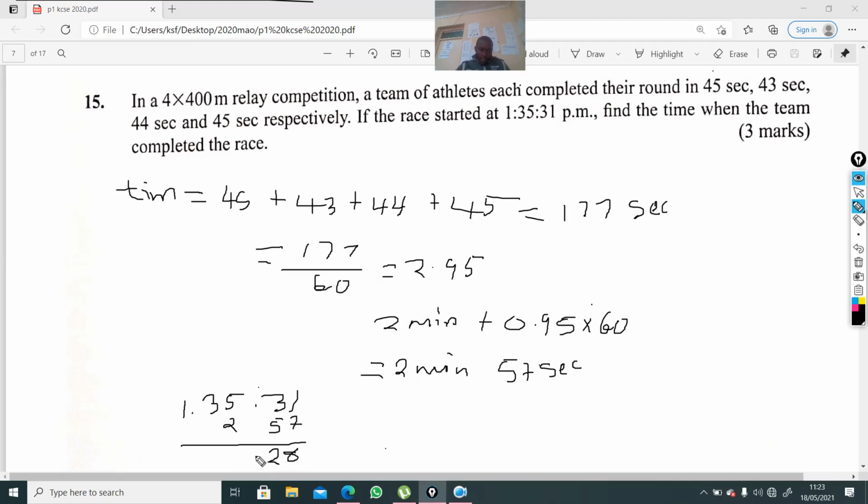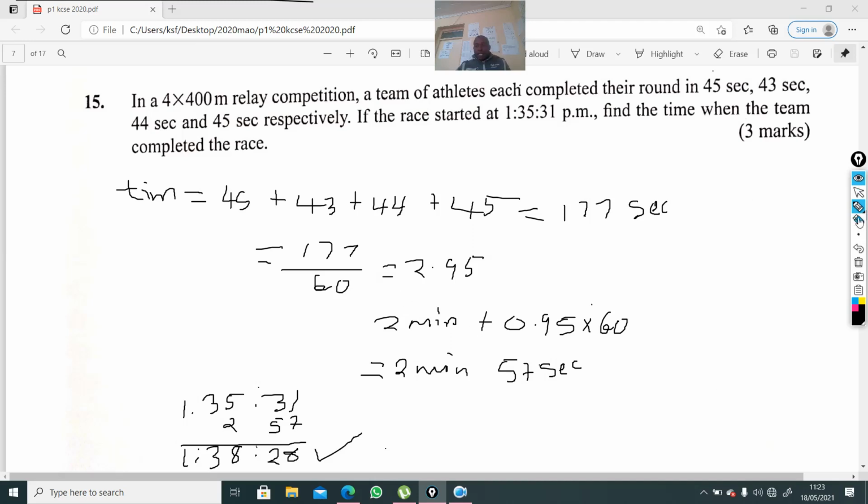So we shall have 28 seconds. And we also carried 1 minute here, to be 7:08. So that 8. So they finished at 1:38 and 28 seconds. So that is the time they finished. That is the finishing time.